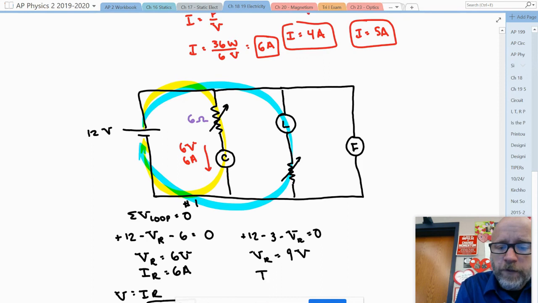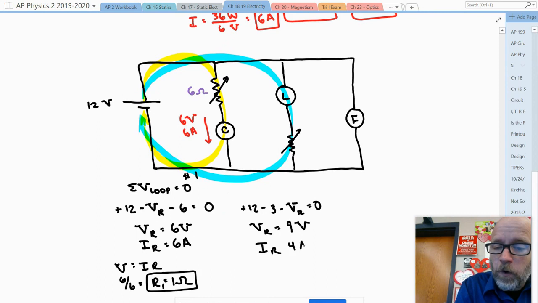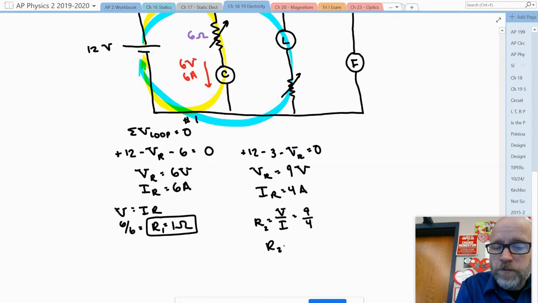Now the current that I need to flow through that is going to be 4 amps. So to find the resistance, voltage divided by current, 9 divided by 4, or a resistance of 2.25 ohms.